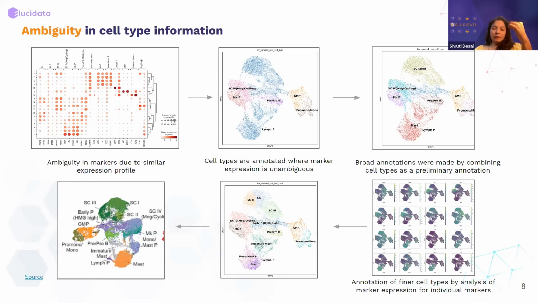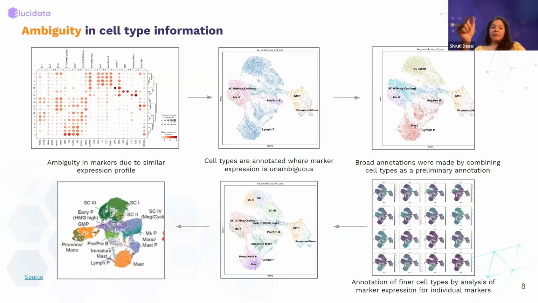Then, if the markers for those niche cell types are given by the authors, we try to do expression analysis for those individual sets of markers, or if they are not available, we generally go to the canonical markers, and using those markers, with finer marker expression profiling, we add the cluster map over there.